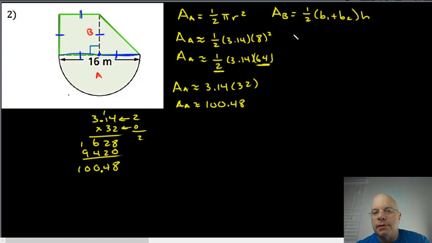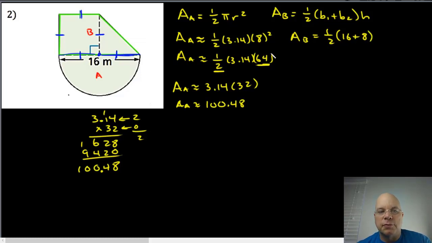For the trapezoid, area of region B, we have 1/2 multiplied by base 1. Remember, for a trapezoid, the bases are just the parallel sides. So this is a base and this is a base. This bottom base is 16, and this top base is equal to the radius of the circle, so it's 8.